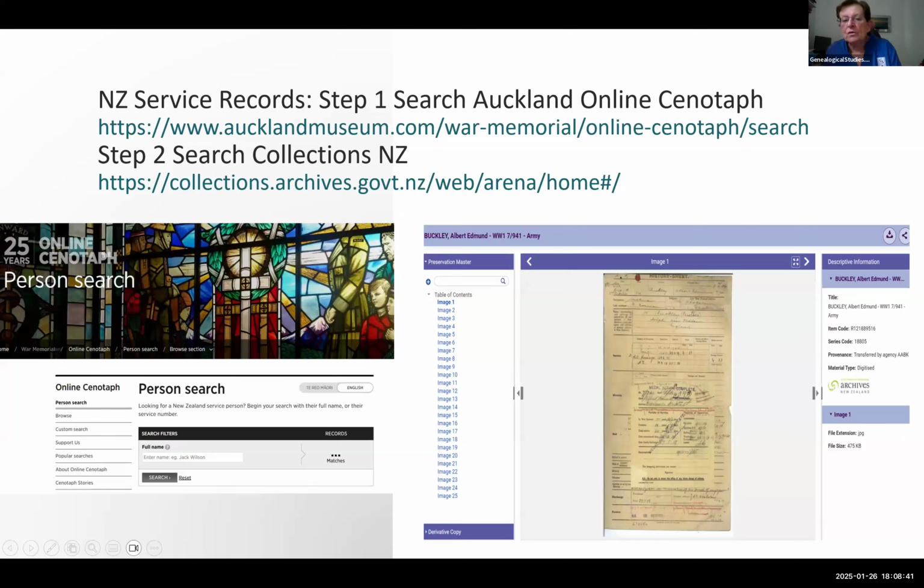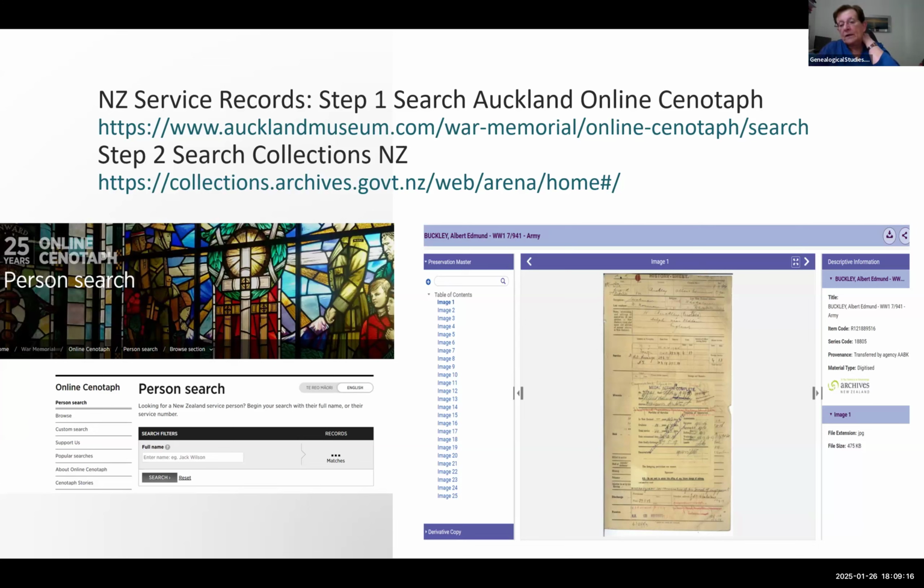New Zealand service records are also online. The first place to go, the easiest thing to do, is to go to the Auckland Museum online first off and actually get the service number of the person that you are trying to search for. Then go to Archives New Zealand, the government archives, and it's much easier to find if you've got the service number, as it will take you straight to that person.